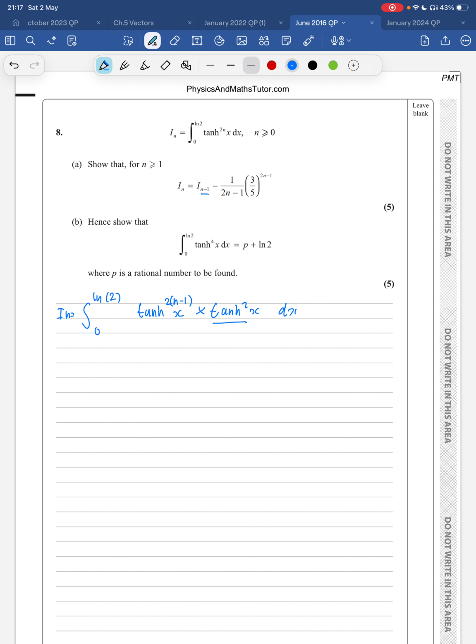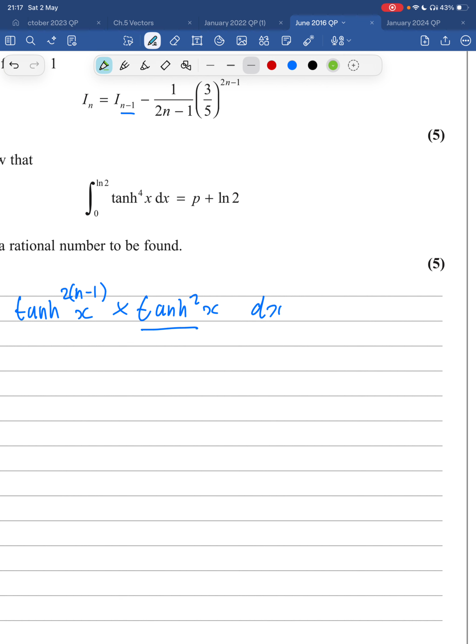That will be the sech identity, and that one is 1 minus tanh squared x is equal to sech squared x.